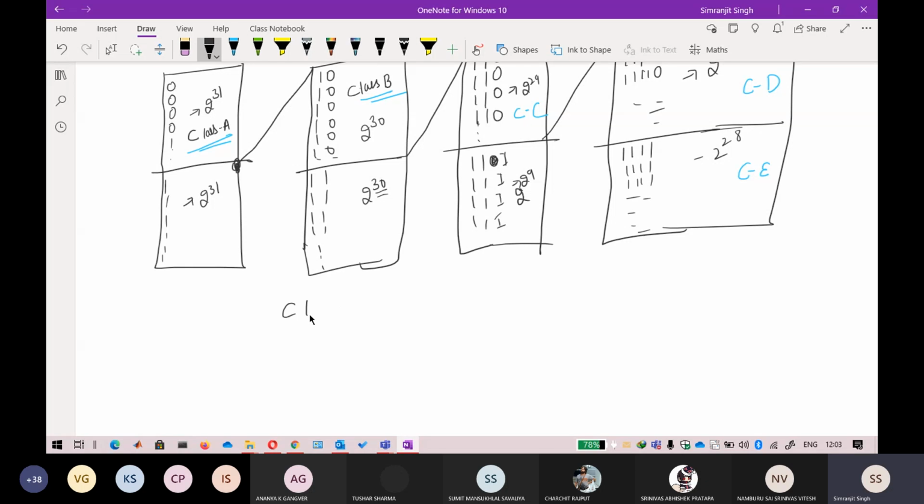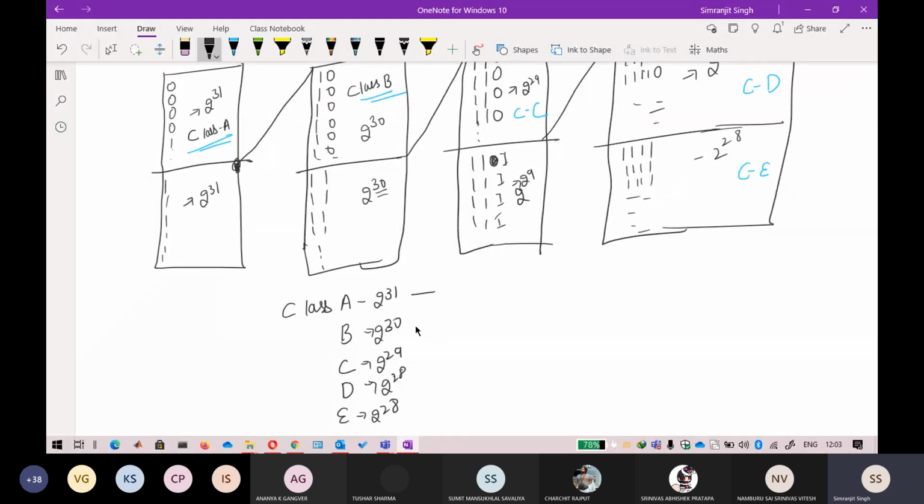The first thing is, class A contains how many total addresses? 2 raised to power 31. Class B contains 2 raised to power 30 total IP addresses. Class C contains 2 raised to power 29 total IP addresses. Class D contains 2 raised to power 28, and class E also contains 2 raised to power 28 IP addresses.